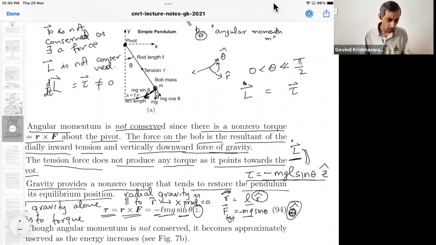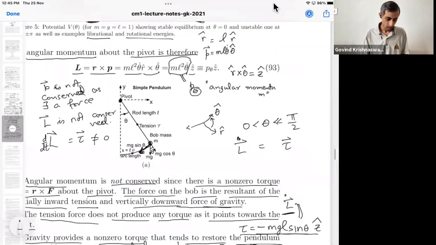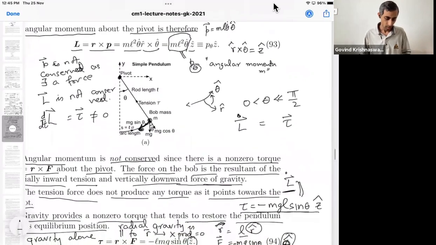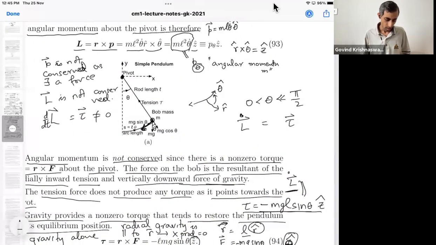Wait a minute. Why did you say that? What was that, Shubham? The question was one concerning angular momentum, right? Okay, maybe I have to be a bit clearer about what I'm asking.